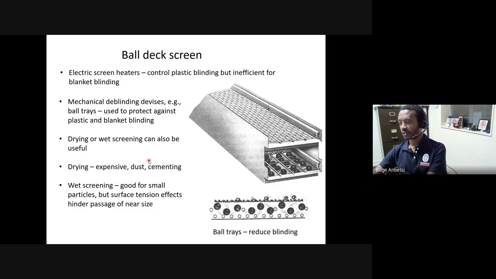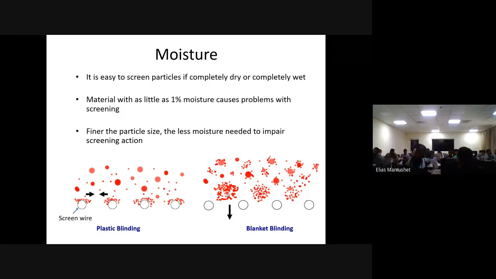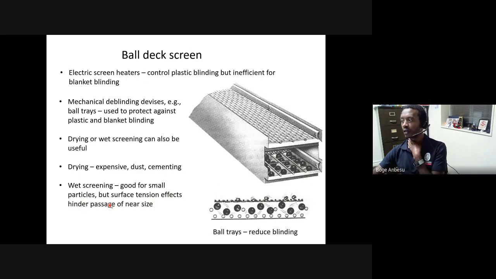So obviously, if I just heat the wire, this can still happen before I start screening. This can still blind the screen, but at least you can prevent the plastic blinding if you heat the screen surface, or you can use mechanical means. For example, we use ball trays that are lifted up and they hit the screen from the bottom.